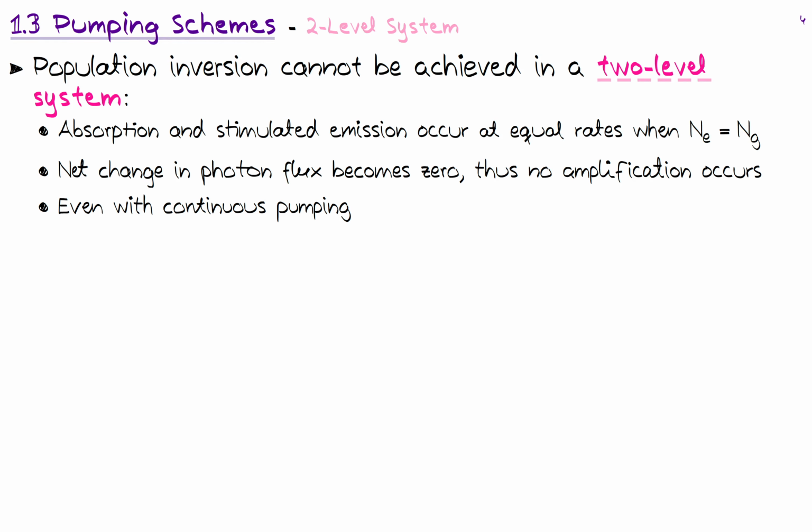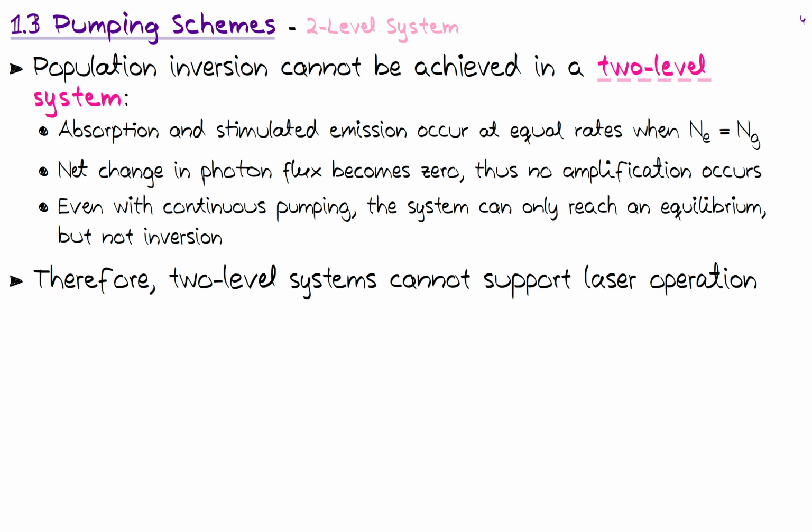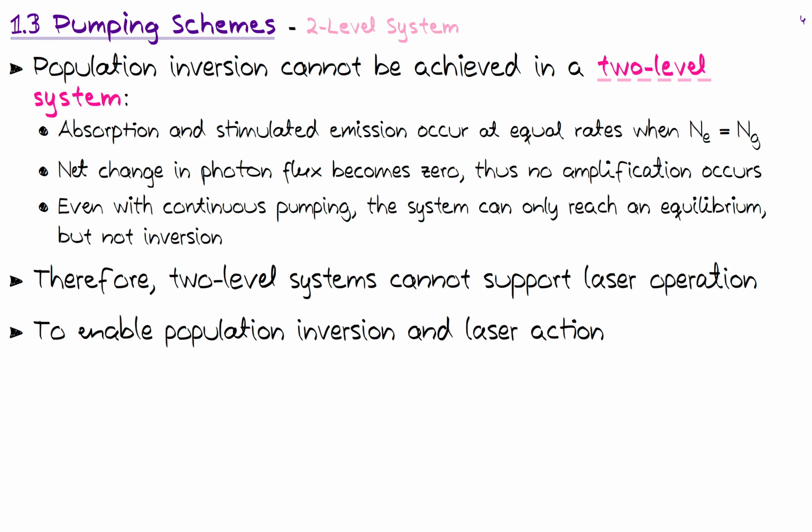Even when pumping the system very strongly and continuously, the system would only reach an equilibrium, not an inversion. This is why we cannot have population inversion and lasing in a 2-level system.